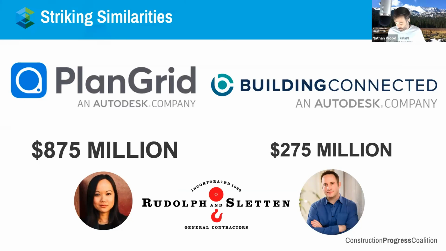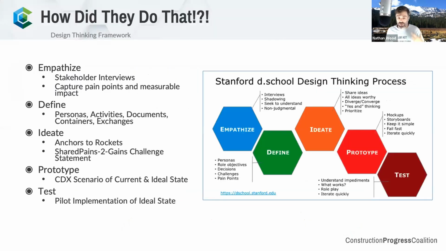That's the point of this: by truly understanding the problem, going through that design thinking process. If you're not familiar with the D School at Stanford, definitely spend some time on their website on these 5 steps. By empathizing with the different stakeholders that need to exchange the data, and understanding where the pain points are and why they exist, we can define in a much clearer and more streamlined way what that exchange breakdown is, and do the CDX definition in stage 2.